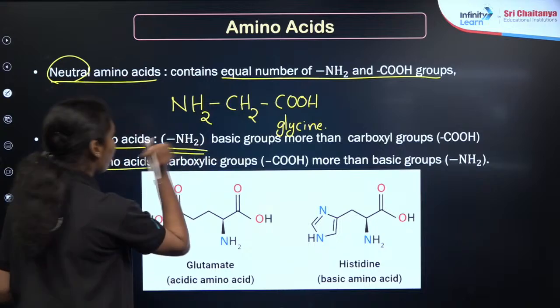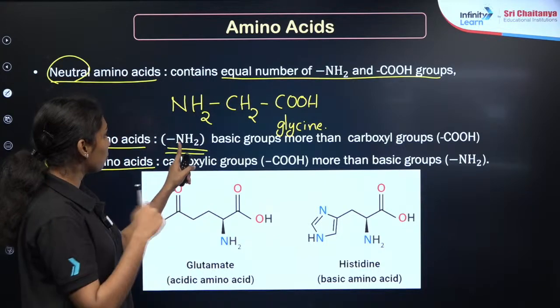In the case of basic amino acids, the amino group, the NH2 group, will be more as compared to the carboxyl group.